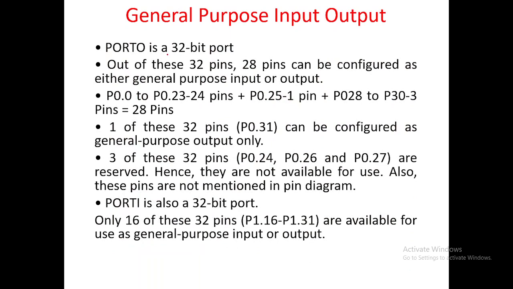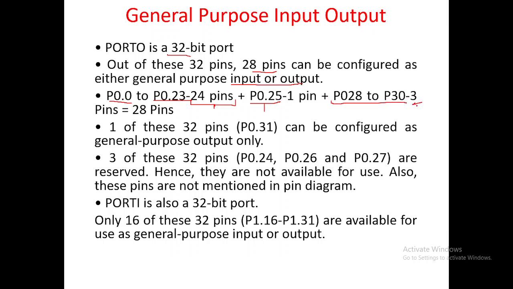Port 0 is a 32-bit port. Out of these 32 pins, 28 pins can be configured as either general purpose input or output. Out of that, from pin number 0 of port 0 to pin number 23 of port 0, these are a total of 24 pins, plus pin number 25 of port 0, and pin numbers 28 to 30, these 3 pins.